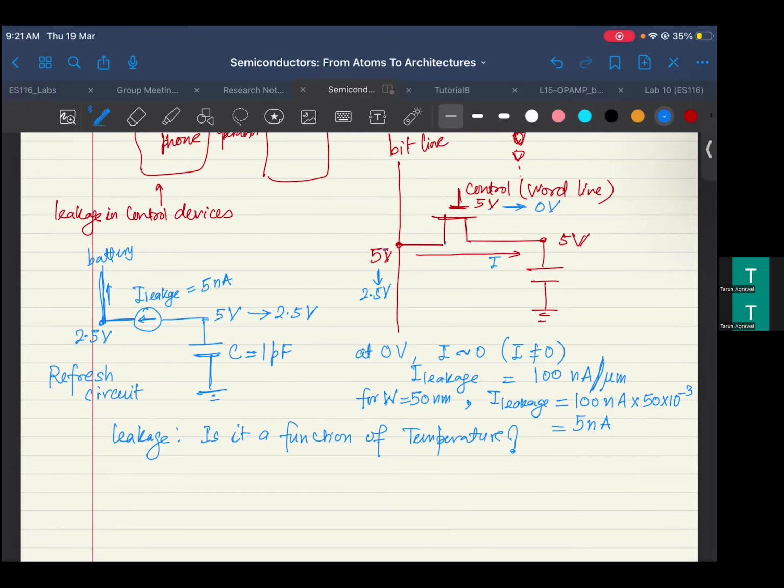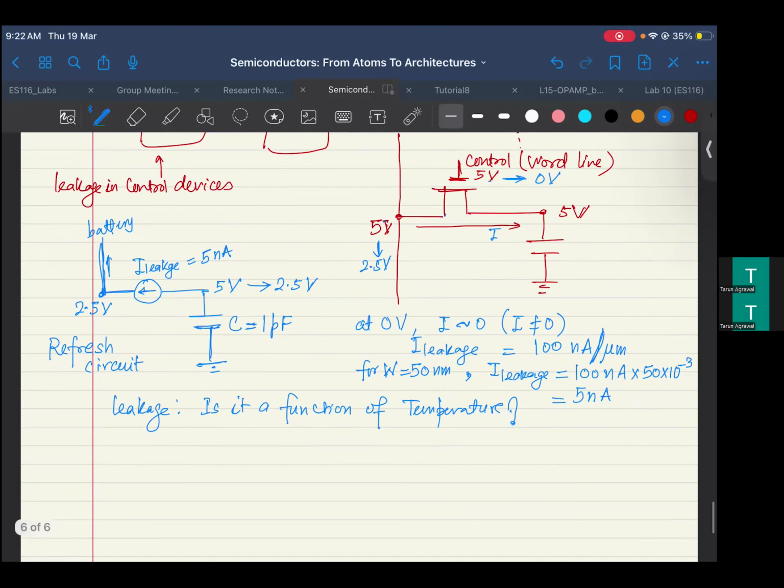What is a semiconductor? As of now, we are going from the system understanding to the device, and we are talking about the MOSFET. Next, we would talk about the different construction of the MOSFET itself. So the question comes, is the leakage a function of temperature? And if you understand semiconductors, you will say yes, big yes.